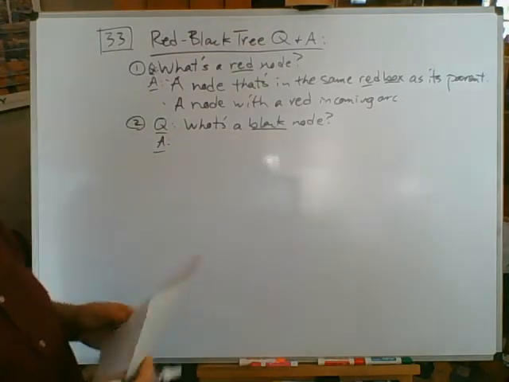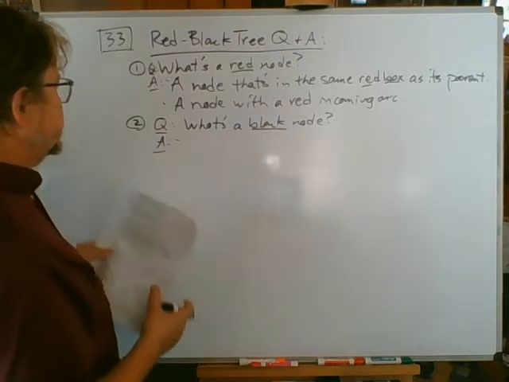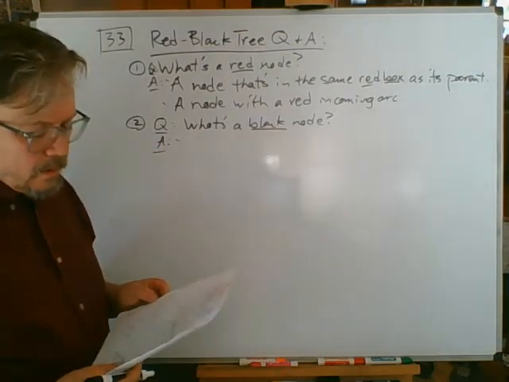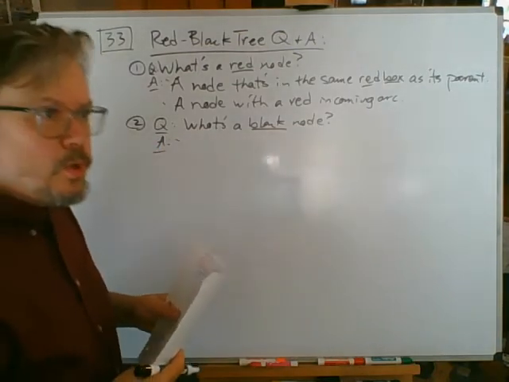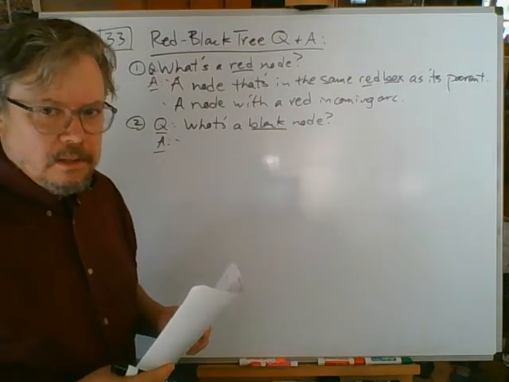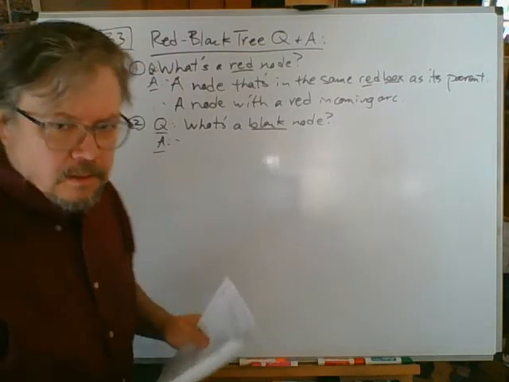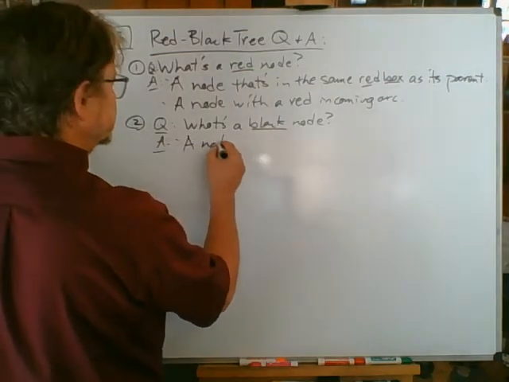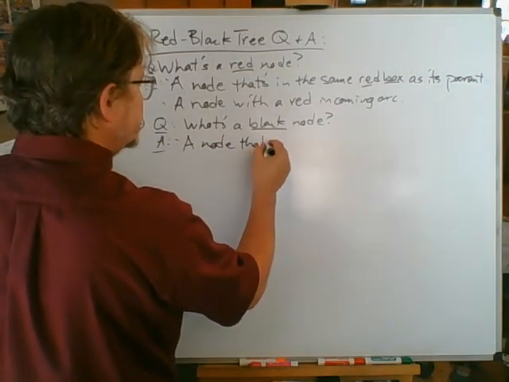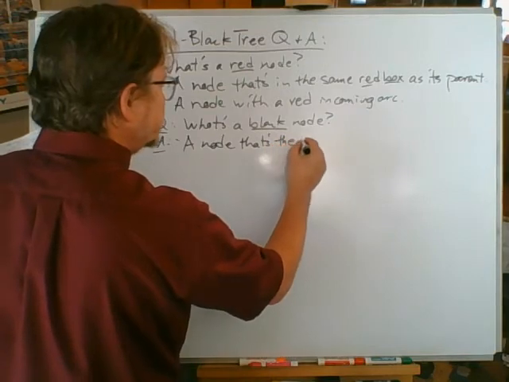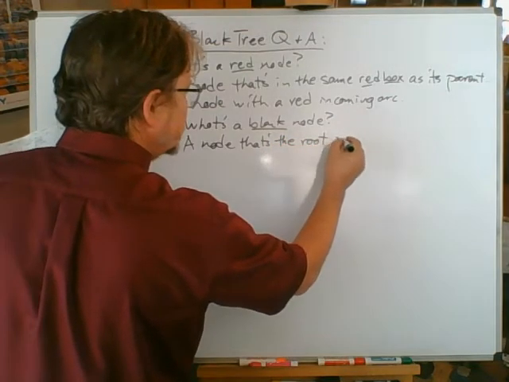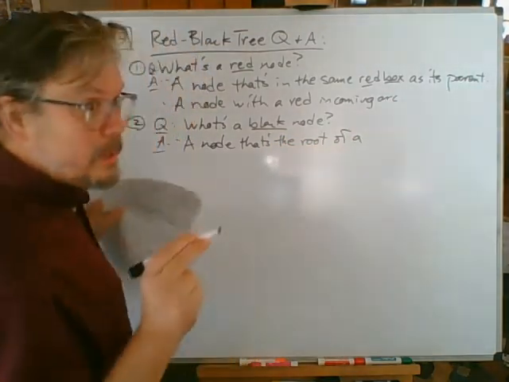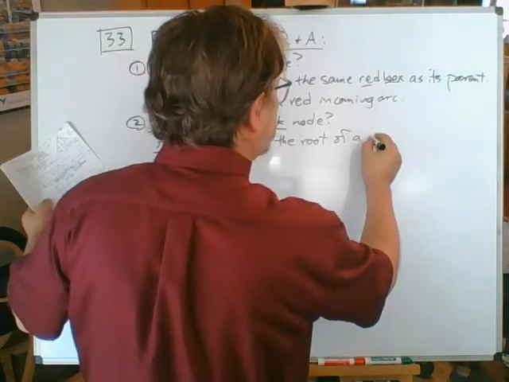And this is also going to have a multi-part bullet point answer. A black node is a node that's the root of a mini BST within a red box. Let me see if I can remember that long enough to write it down. A node that's the root of an England mini BST, but I'll just write a mini BST.